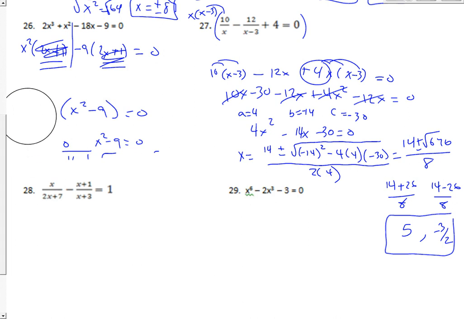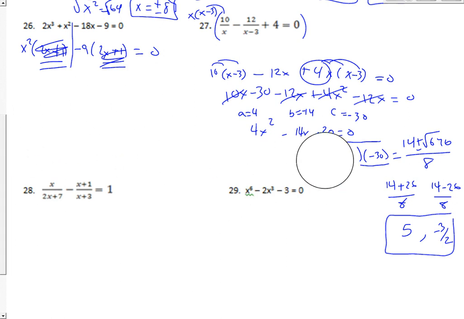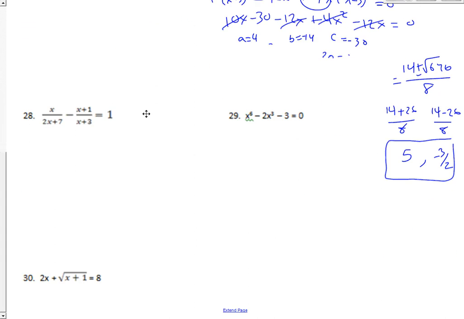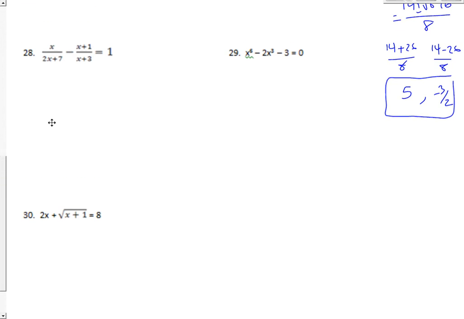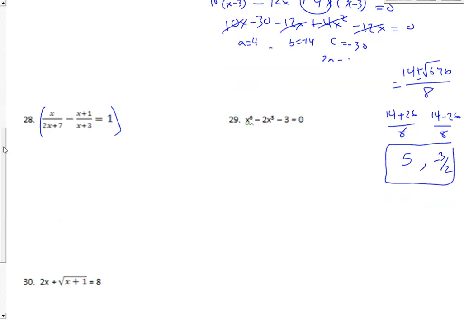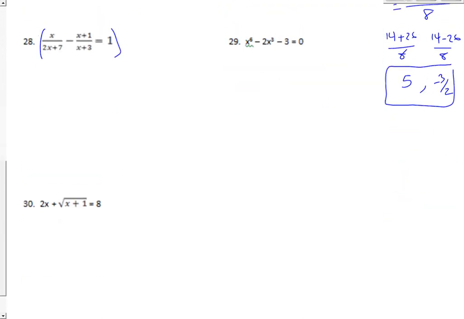Alright, so now I'm going to erase just to clean this up a little bit. Alright, so number 28, I have fractions. I'm going to multiply by the common denominator of 2x plus 7 and x plus 3.